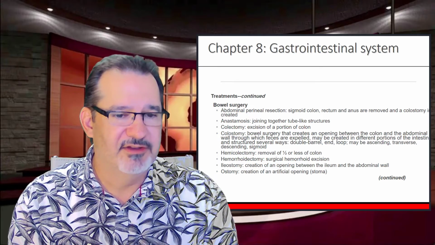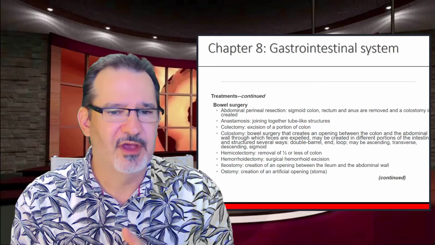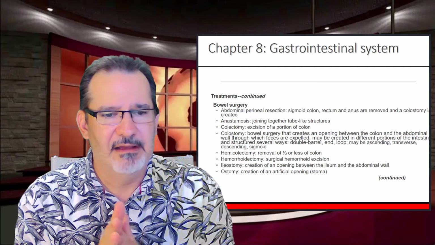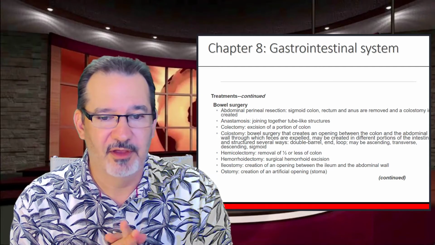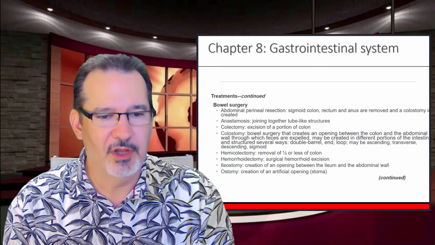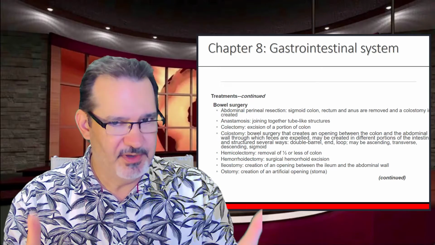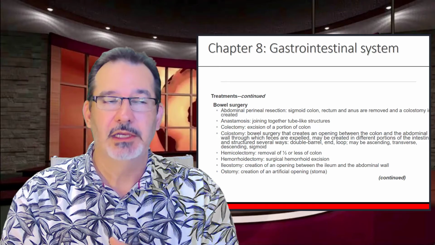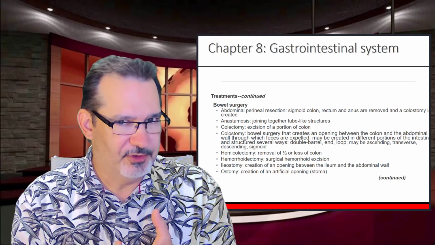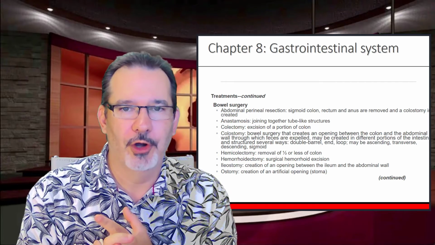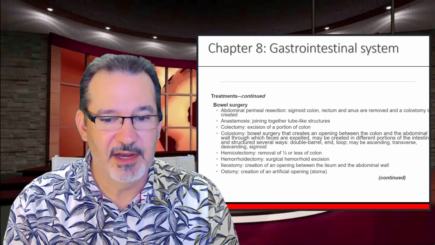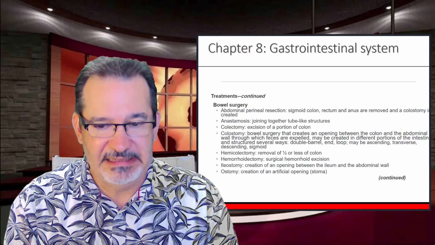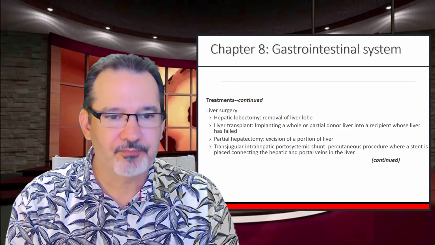Okay. Different surgeries, resections, colectomy, an excision of part of the colon, removing part of the colon. Again, that might be for something severe like chronic polyps in a certain part of the colon or colon cancer. Okay. Ileostomy, creating an opening between the ileum and the abdominal wall.